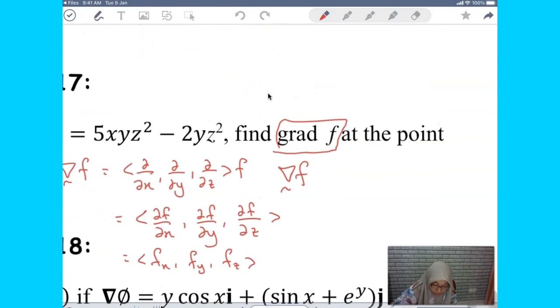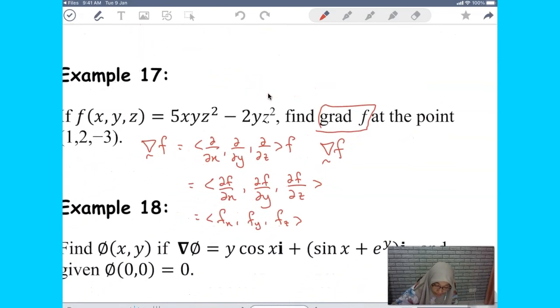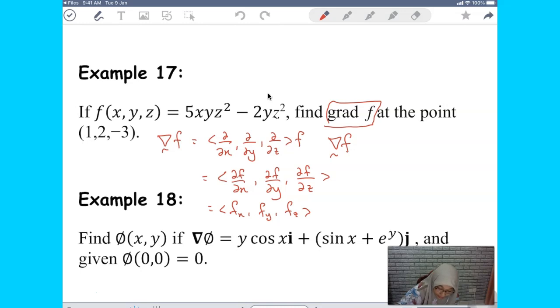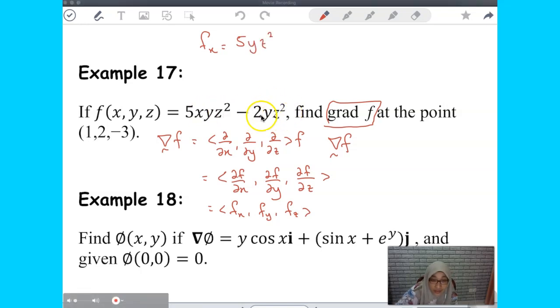Okay, so for fx, differentiate all terms here with respect to x. Here you just have x, so you have 5yz squared minus 0, because you don't see the x in the other term, so they are all constant.